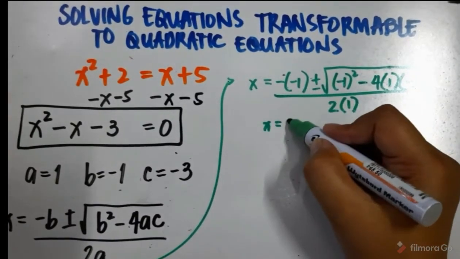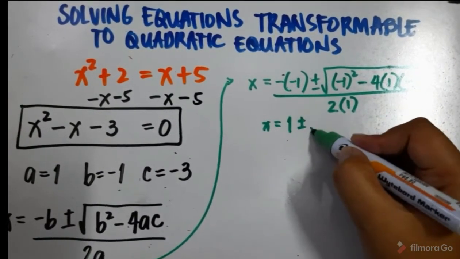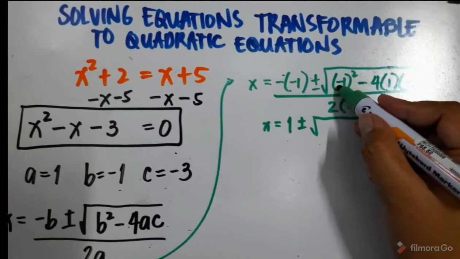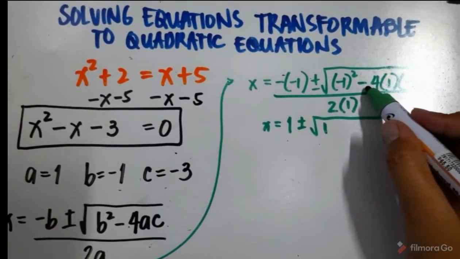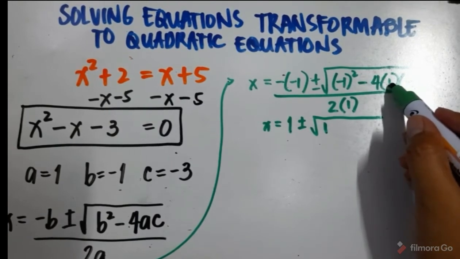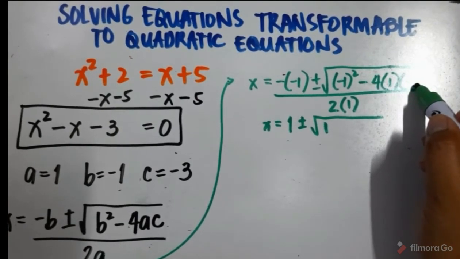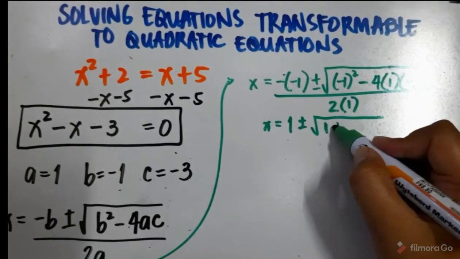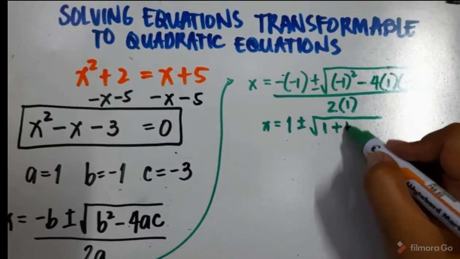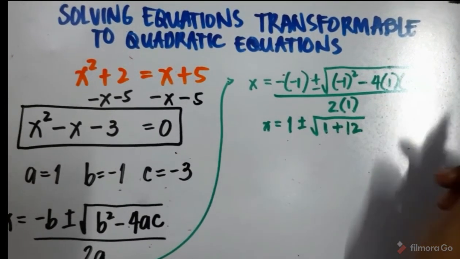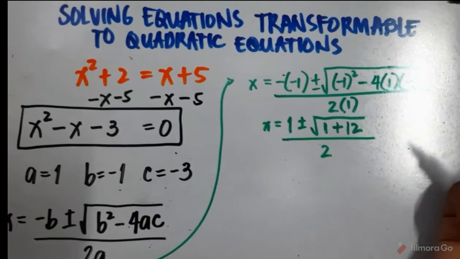Negative negative 1 makes positive 1, plus and minus the square root of negative 1 squared, which is positive 1. Negative times negative is positive, so this is now positive: 4 times 1 times 3 is 12, over 2.